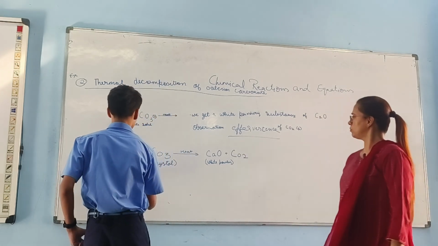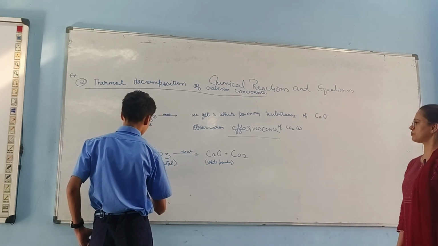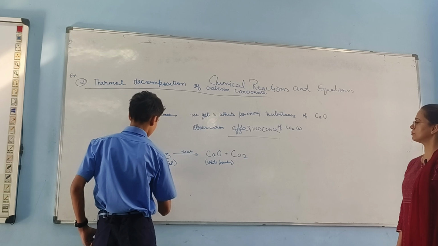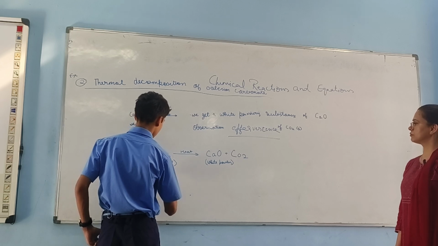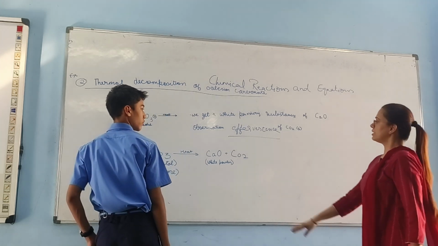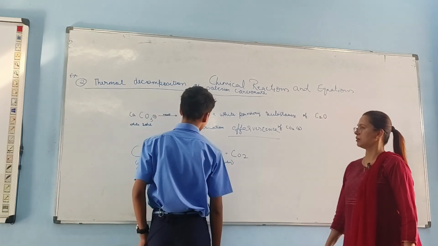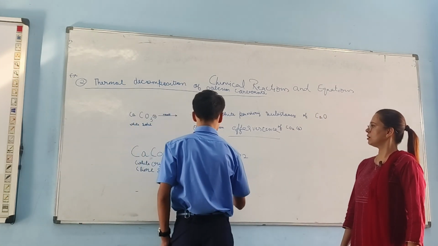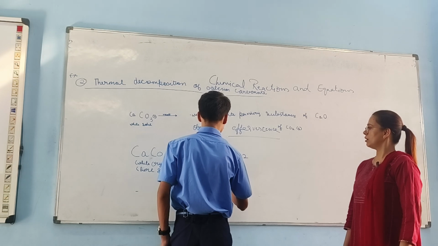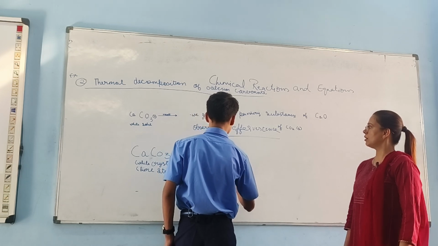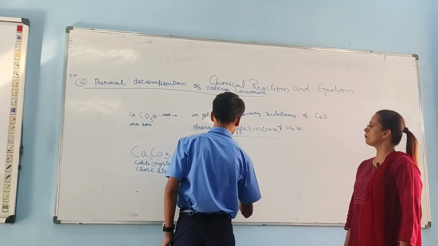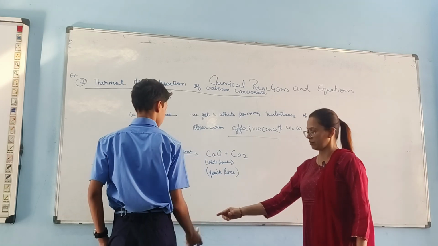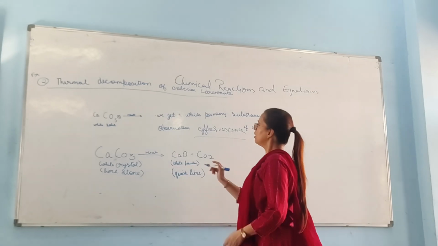Write down. And CaO is also known as quick lime. Okay? Done. Good, very good.